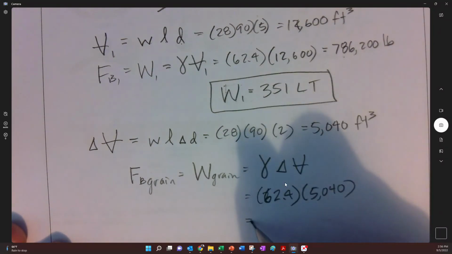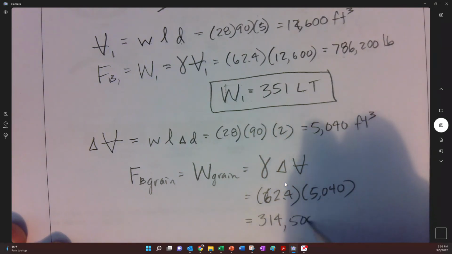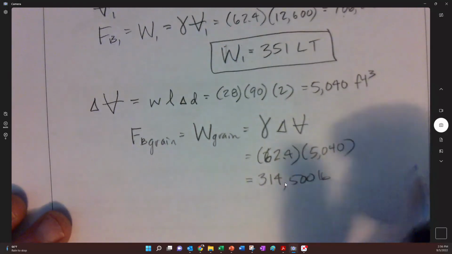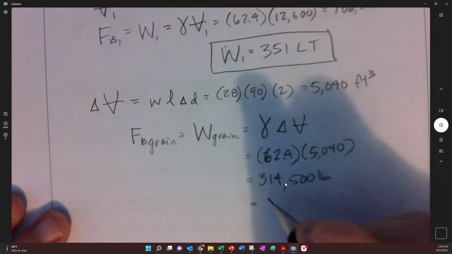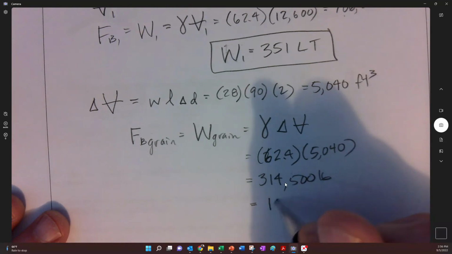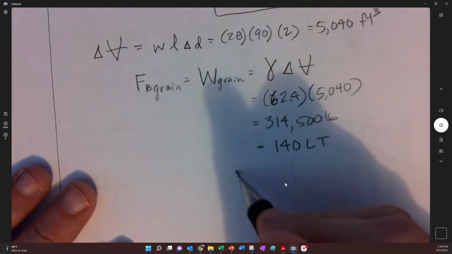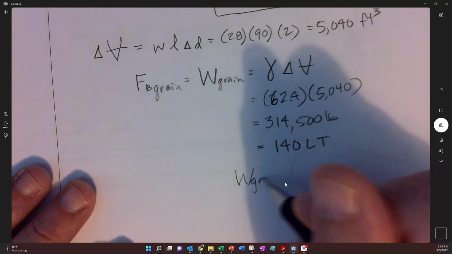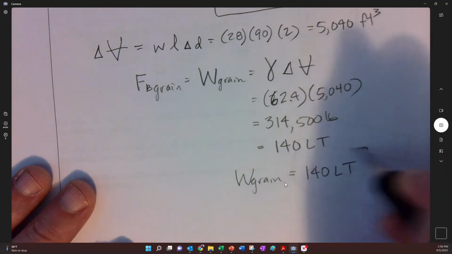And so that ends up being 314,500 pounds. And once again, that doesn't do us much good because it's way big, it's going to be easier to compare with a smaller number. So we get 140 long tons. So we'll see that the weight of the grain is equal to 140 long tons.